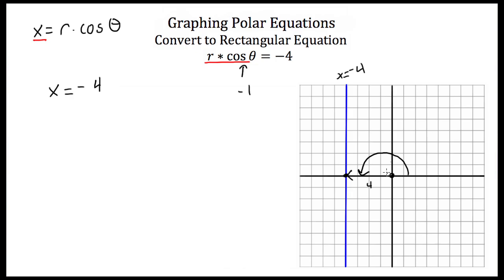As we move our theta away from 180 degrees, our cosine term gets smaller. But our r value here is growing. So r times our cosine value is always equal to this constant number. So that's how you end up with a vertical line in polar coordinates, or in a polar equation.